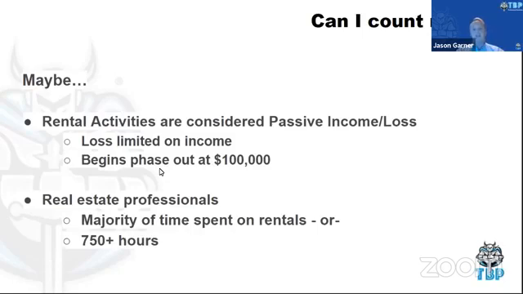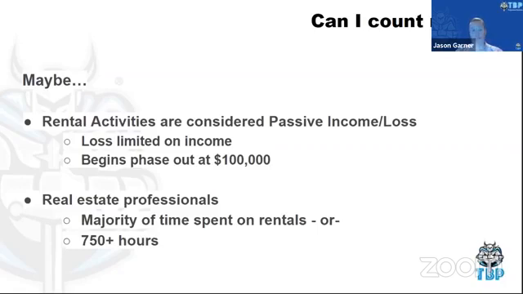Anybody making less than $100,000 can write off up to a $25,000 loss on their taxes, and that can be a big help on a tax return for a lot of people. Now, as they start to make more than $100,000, that $25,000 shrinks, and it will completely phase out for high income earners. So I'm at a loss on my rental property. Can I count it? Maybe. Let's see how much other money you made before I answer that.